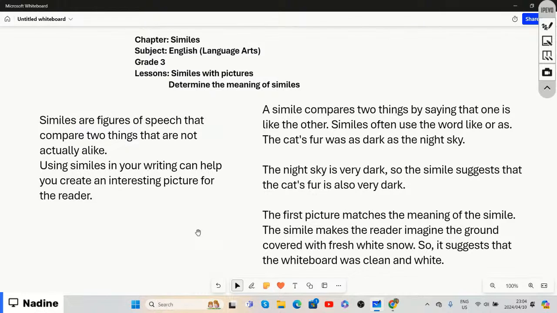And the lessons that we are focusing on are similes with pictures, and determining the meaning of similes. So that's going to be our lessons for today under the chapter of similes.